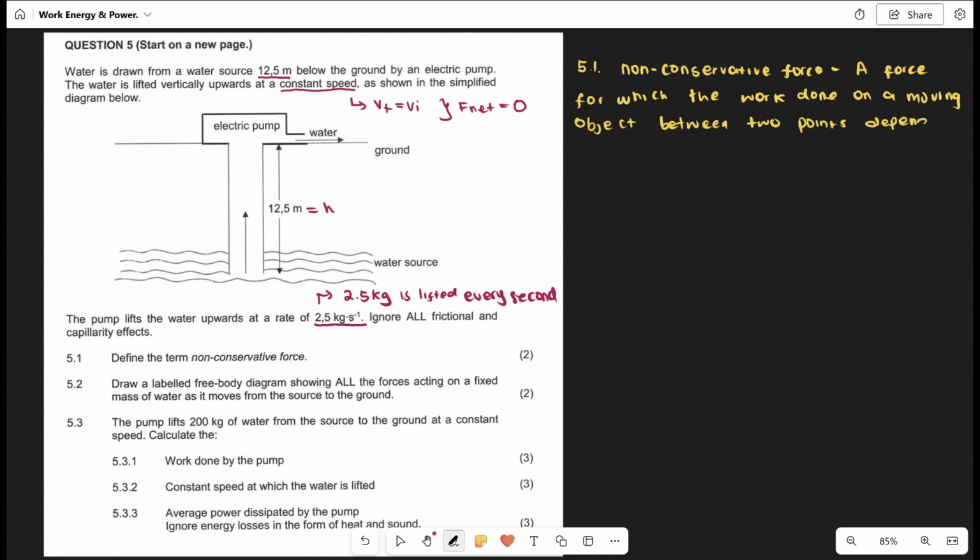So it depends on the path taken, right? So that is our definition of a non-conservative force, right? So that is our 5.1.